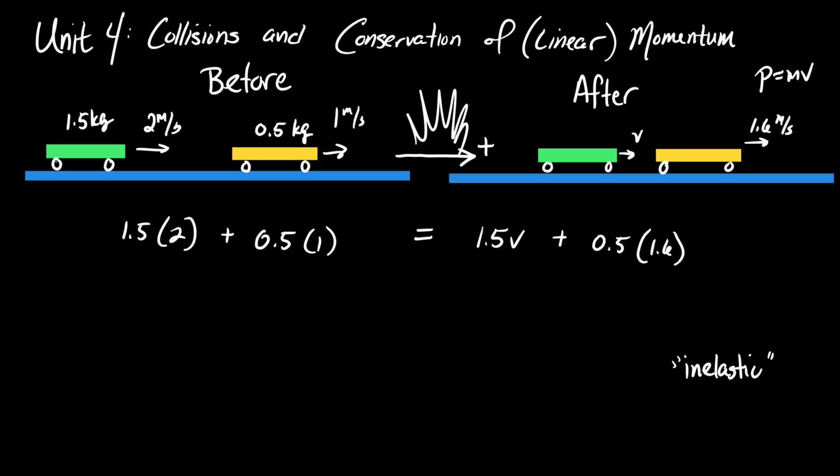Any question about this? Pretty easy so far. My 1.5 times 2 is 3, plus 0.5 equals 1.5v plus 0.5 times 1.6, which is 0.8.